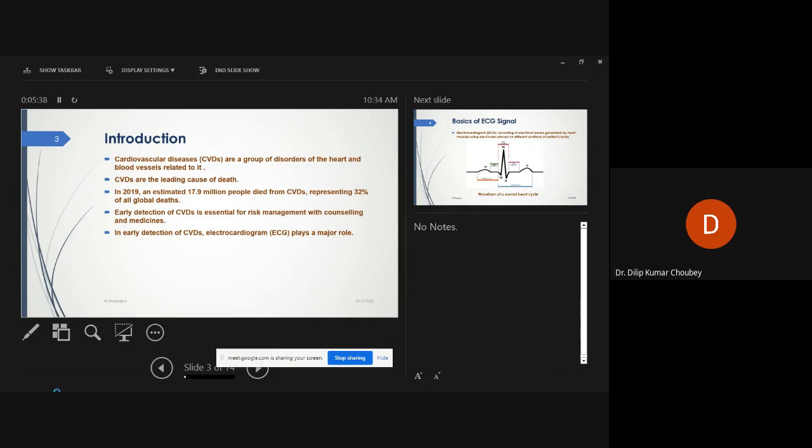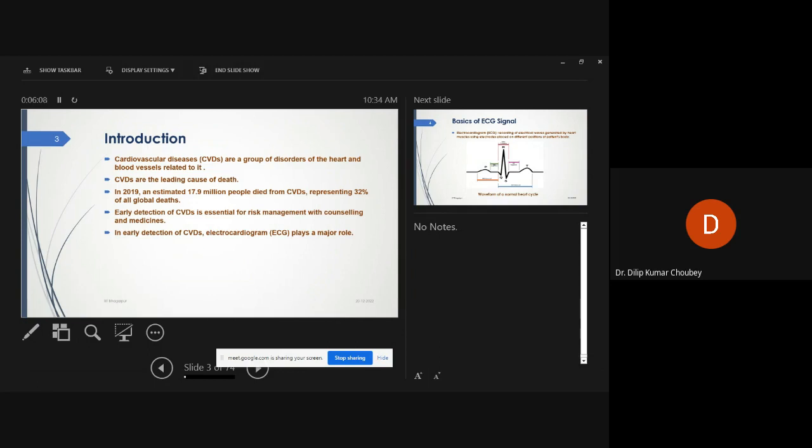And if we say what cardiovascular disease is, you can easily define it as the disease related to our heart and the blood vessels related to it. It may be of different types, because it may be a problem of the blood vessels or a problem of the heart muscles, and due to that abnormality, the functionality of the heart is affected. All of these are included in CVDs, cardiovascular diseases.